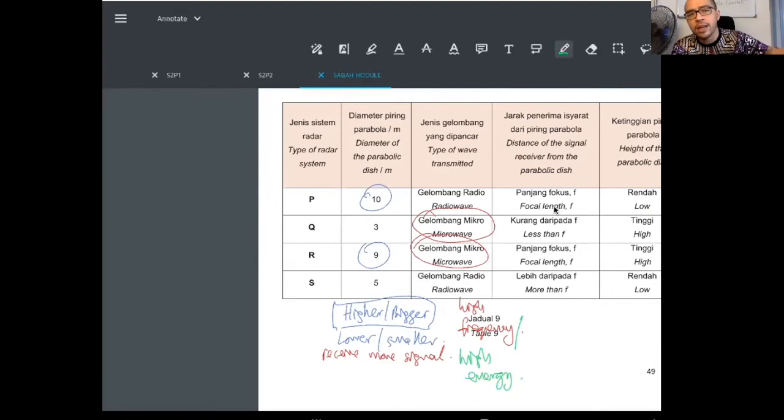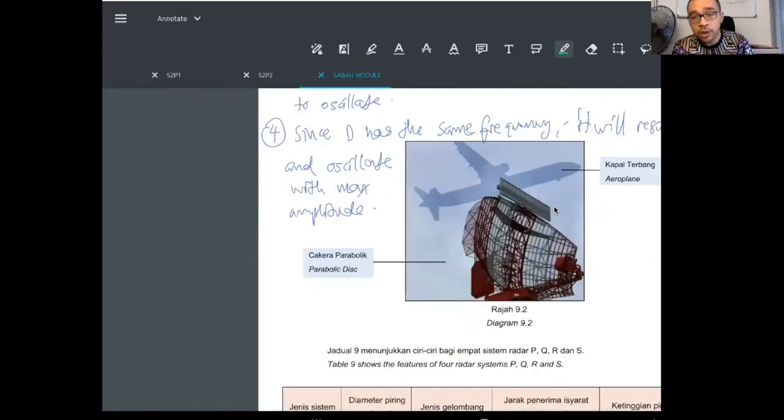For an airplane, it's not like the airplane is in KL and you want the parabolic dish in KK to receive the signal. No need. It is near, but not as near as me and this fan. Radio wave is like the radio station in KL and you're listening to it in KK, so you need a very long wavelength. That's why we use radio wave.